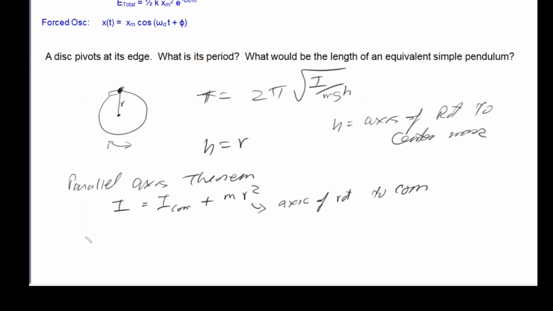So for a disk, in this situation, it's I equal to 1/2 mr squared plus mr squared, which is equal to 3/2 mr squared.